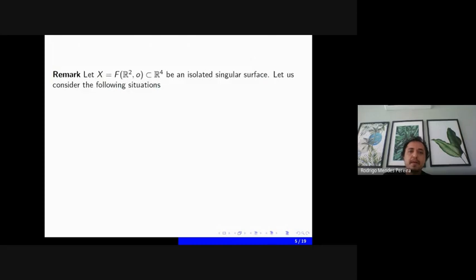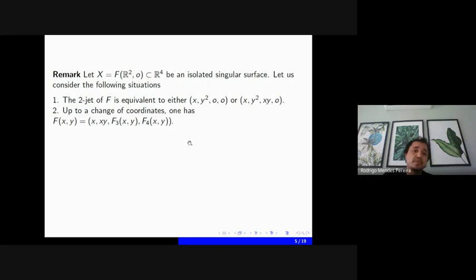Okay. If you take X as an isolated singular surface, let's consider the following situations. One, if the 2-jet of the map is smooth equivalent to one of the two quadratic forms, or up to change of coordinates it has this map: x, x, y, and two analytic functions of higher order.